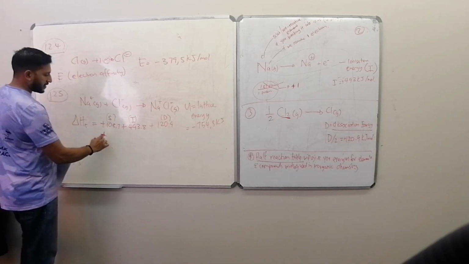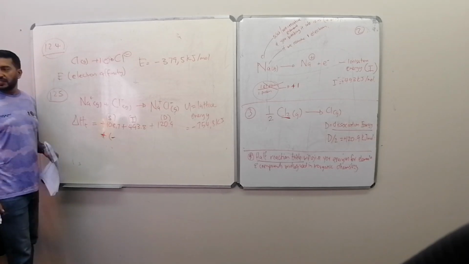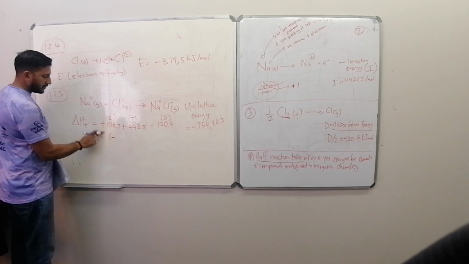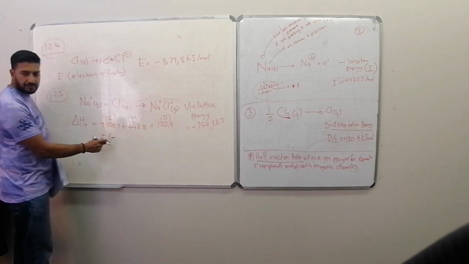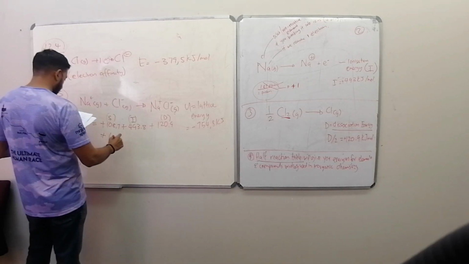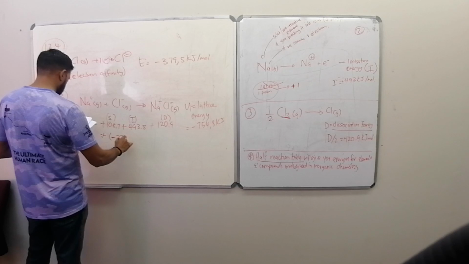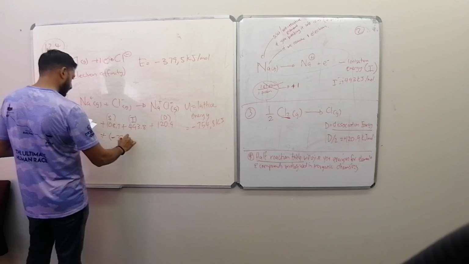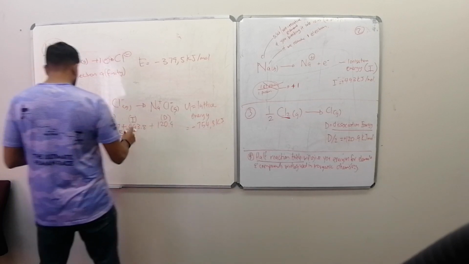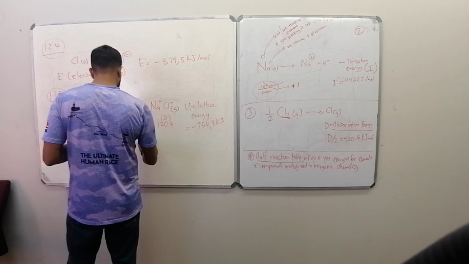But remember, it's all pluses, a positive, but this is minus. Positive times a negative is a negative. So I'll put the positive here for now, but we'll put the negative in brackets, right? And what is 379.5, which is our electron affinity, right? And the last one there is lattice.